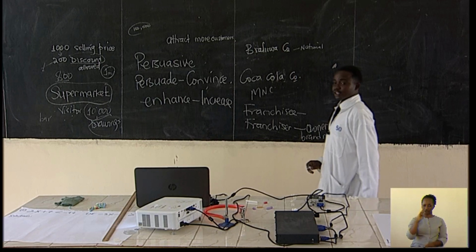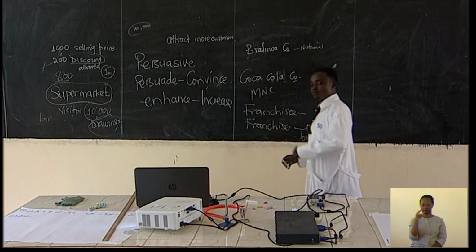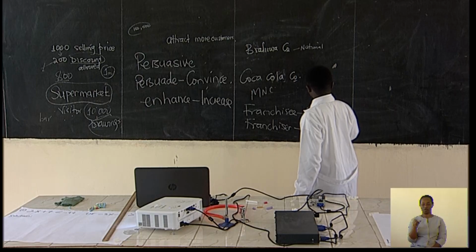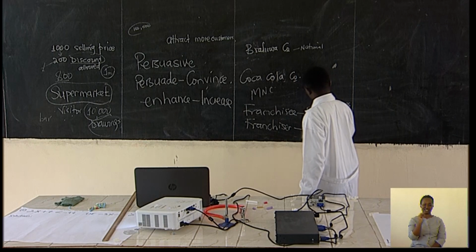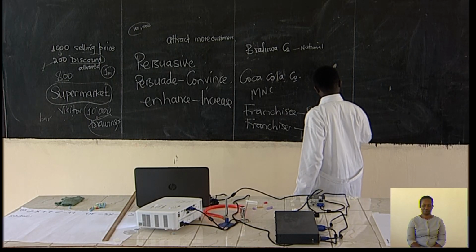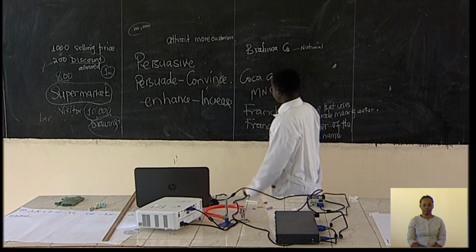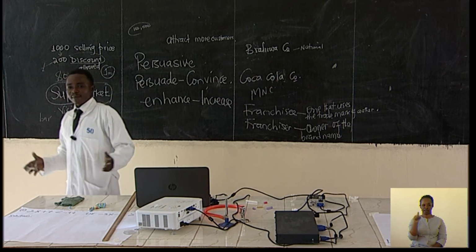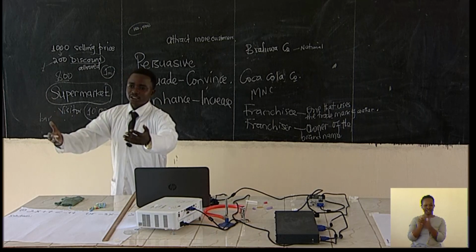Then the franchisee is the one who uses, the company, the firm that uses the trademark of another. So this is franchising as a strategy. You use the brand name, the trademark of a company that is known. Then it helps you to promote your products.